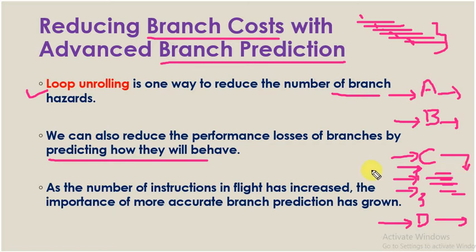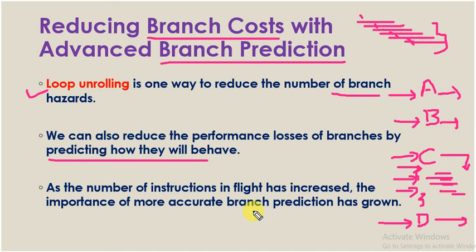In order to avoid this, we do the process called branch prediction. As the number of instructions has increased, the importance of more accurate branch prediction has also grown. If the program consists of more instructions, automatically we will have more branches. Even a single loop has a number of branches.